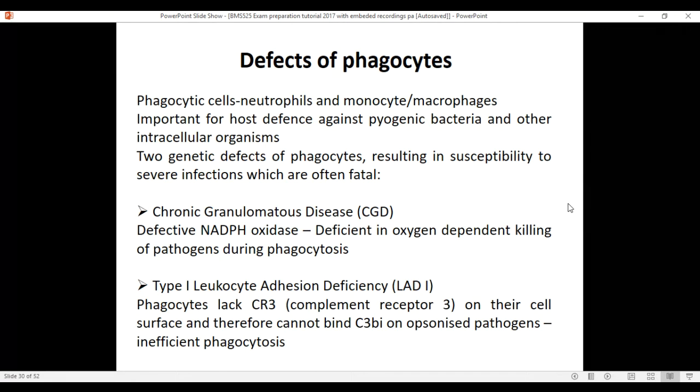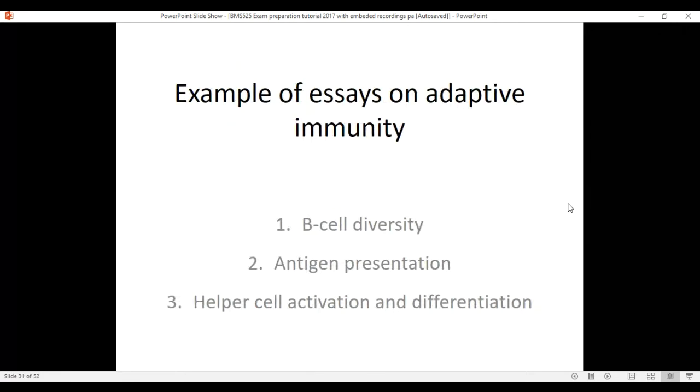Okay, so look for other examples in terms of extended reading, and that way you can convey a good understanding of phagocytosis and its importance.